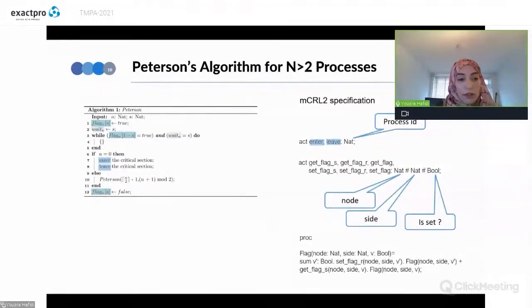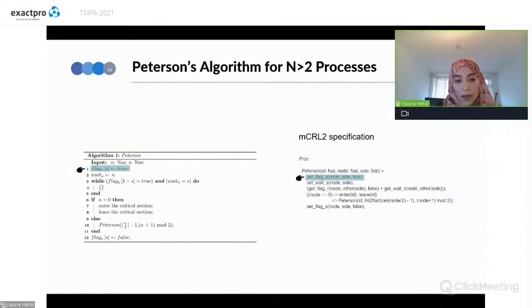The same thing goes for the weight variables.